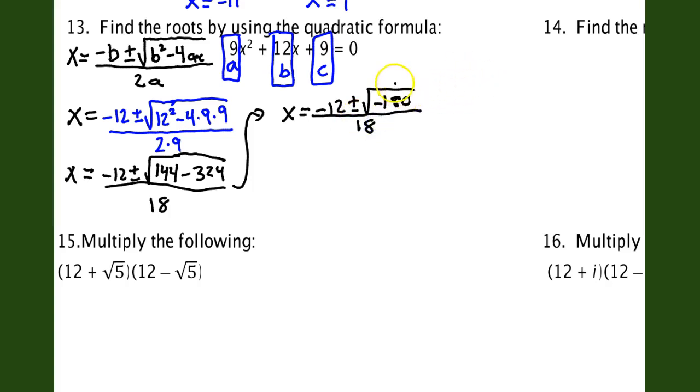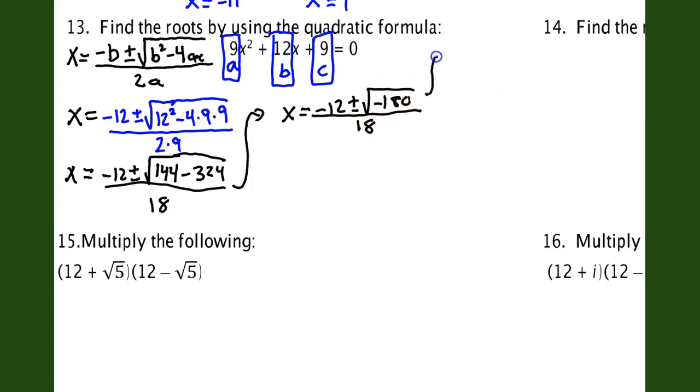Now the question is how to simplify the square root of negative 180. So what you have to do, and this won't be obvious at first, is find out what perfect square divides into 180. So 4, 9, 16, 25, 36, 49, 81, all the perfect squares, you're trying to see which one, the biggest one, divides into 180.